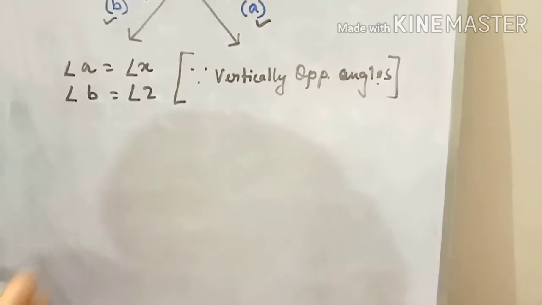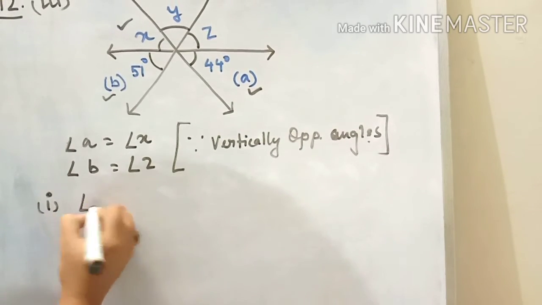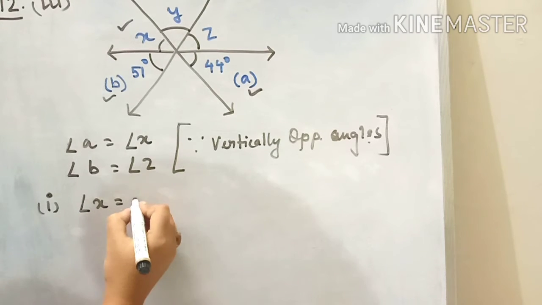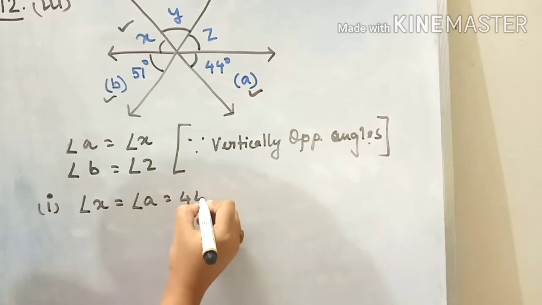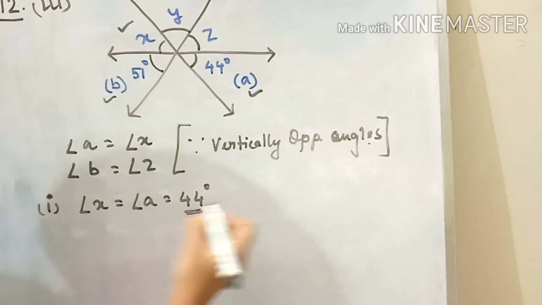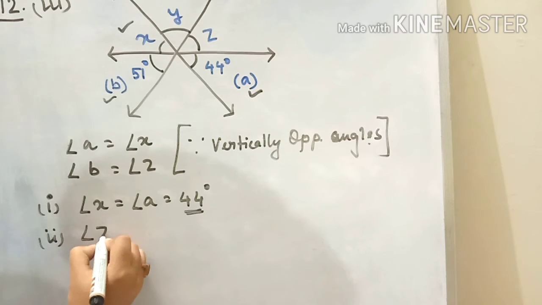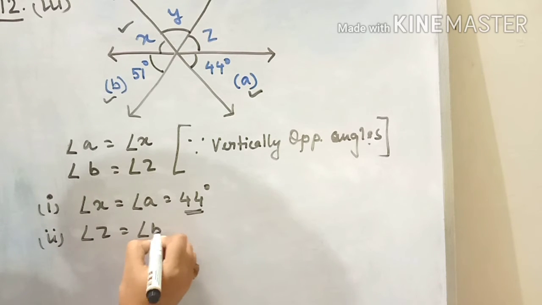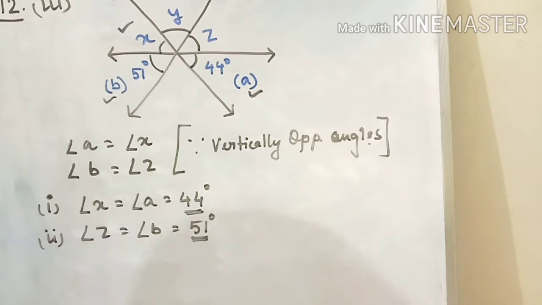Alright, now from there we can understand that angle X is equal to angle A, that means it is also 44 degree. Once again angle Z is equal to angle B. That means this is also 51 degree.